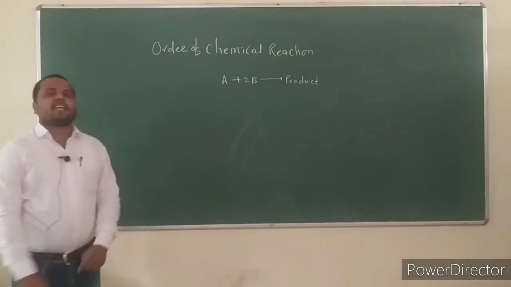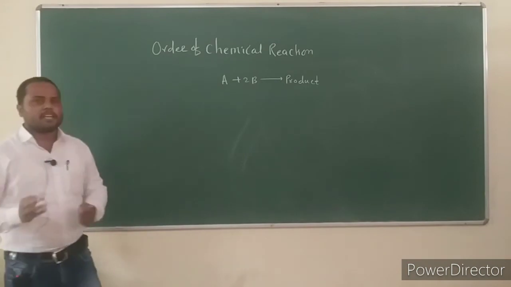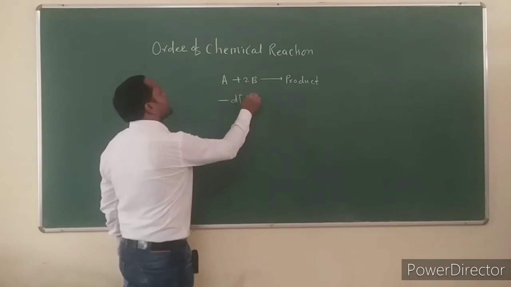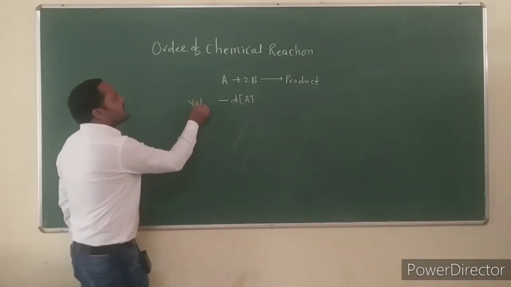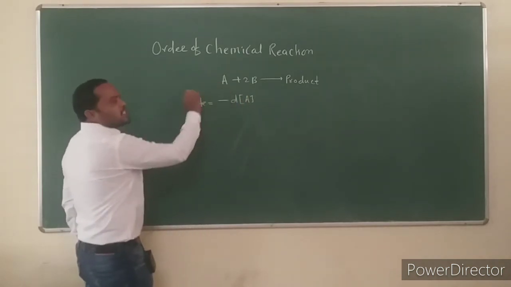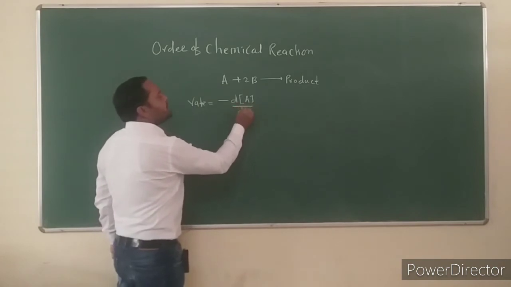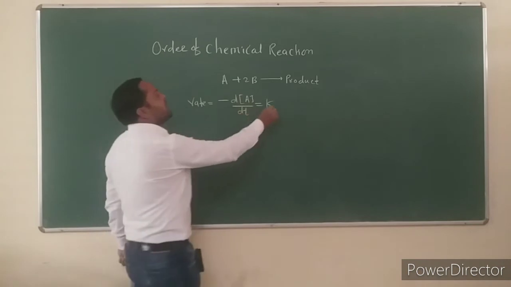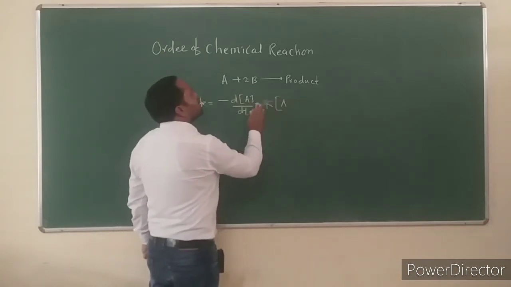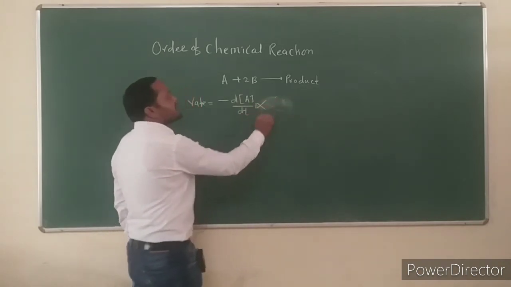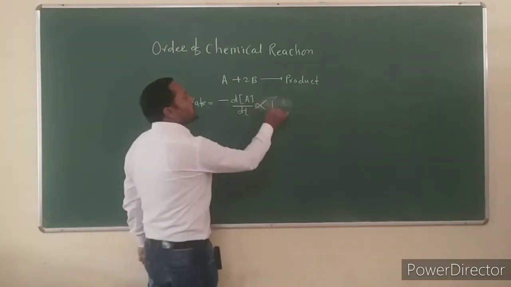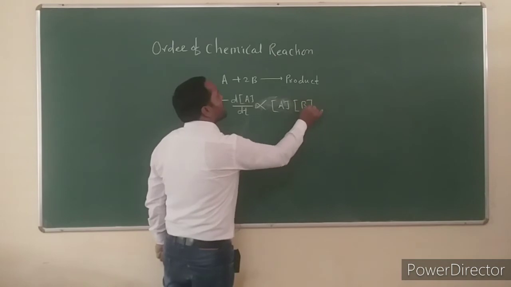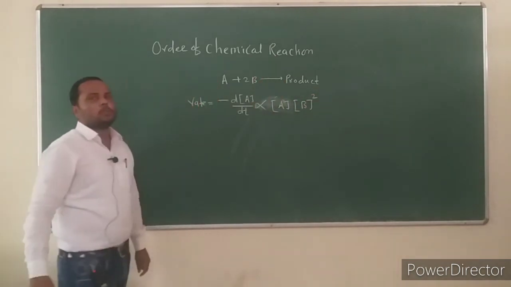For this chemical reaction, how do we determine the order of reaction? First write the rate equation. We can write the rate of reaction in terms of the decreasing concentration of reactant A with time, and introduce the proportionality constant K. According to the law of mass action, the rate is directly proportional to the concentration of reactant A and the concentration of reactant B with power 2.